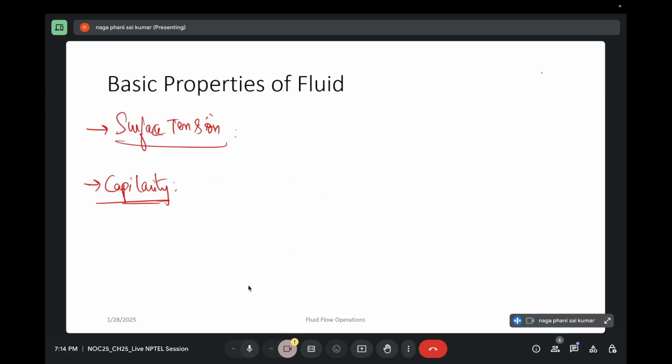Let's say you have a capillary tube and you immerse this in a liquid. Depending upon the properties of the liquid, this liquid will be rising through the capillary tube. So this phenomenon is called capillarity, and this is one of the important parameters of a liquid or fluid.